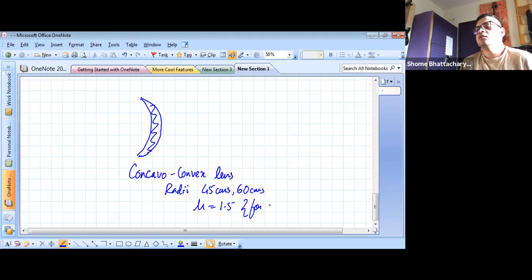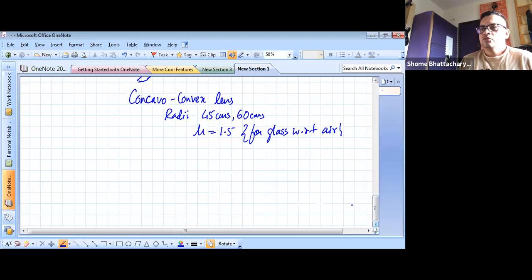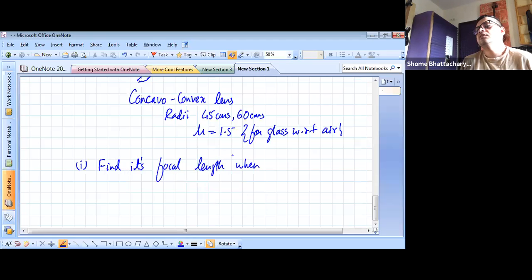This is for glass with respect to air. First of all, we have to find its focal length when in air or vacuum.